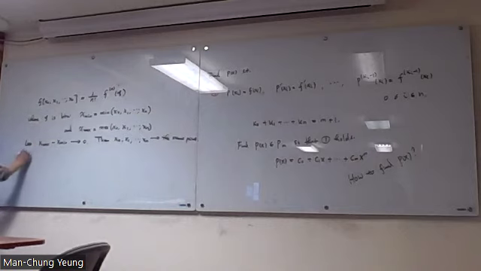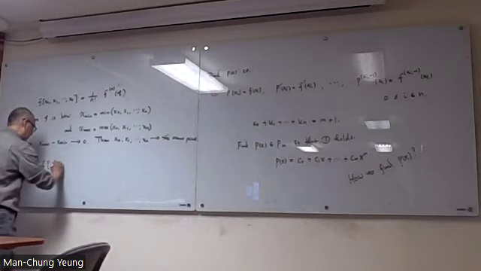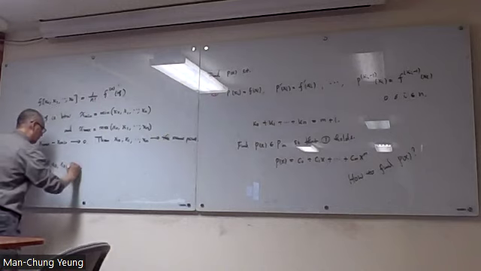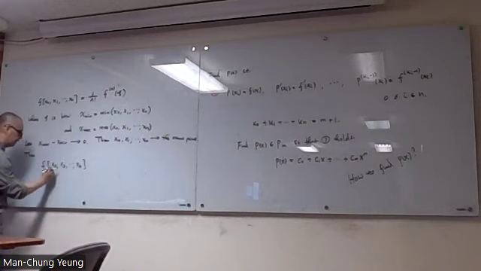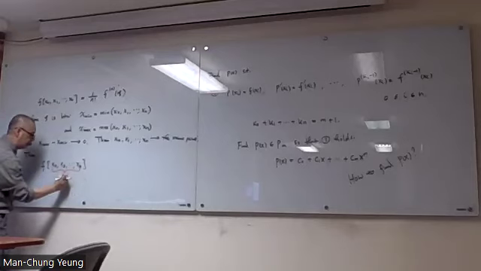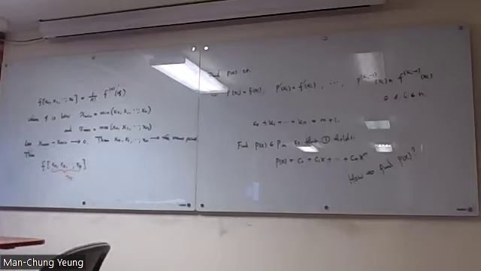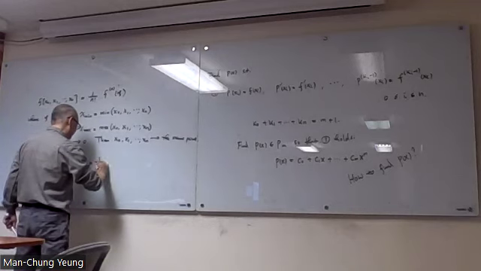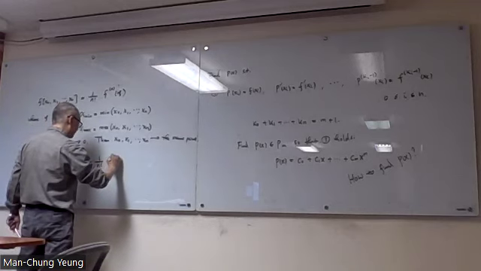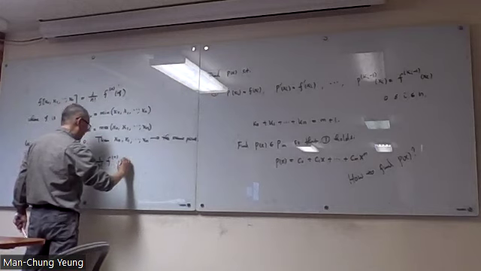Then we have the following formula: the divided difference of f at the same point, n plus 1 of them, is equal to 1 over n factorial times f to the n, at x0.